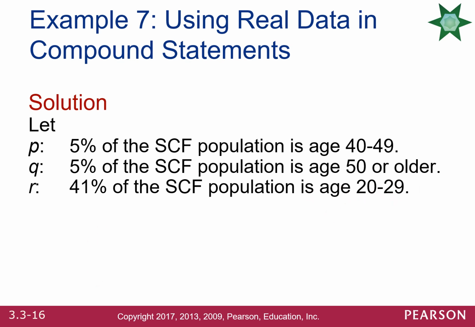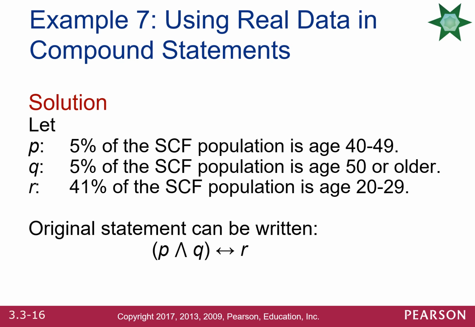So how do we construct the statement in symbolic form? It should say P and Q, and then we have the biconditional with R. So it means P and Q if and only if R. That's how we read it in words.